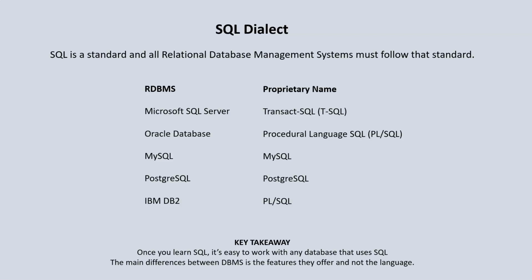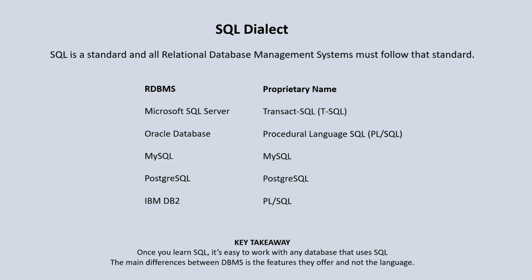I say "pretty much" because each relational database management system wants to distinguish itself. There are slight differences in some of the syntax used to perform certain operations, and they also have a proprietary name for their SQL. Microsoft SQL Server's proprietary name is Transact-SQL or T-SQL. Oracle database is PL/SQL.